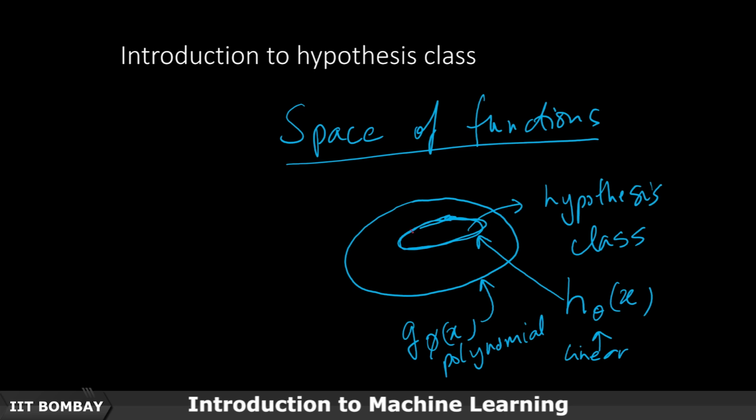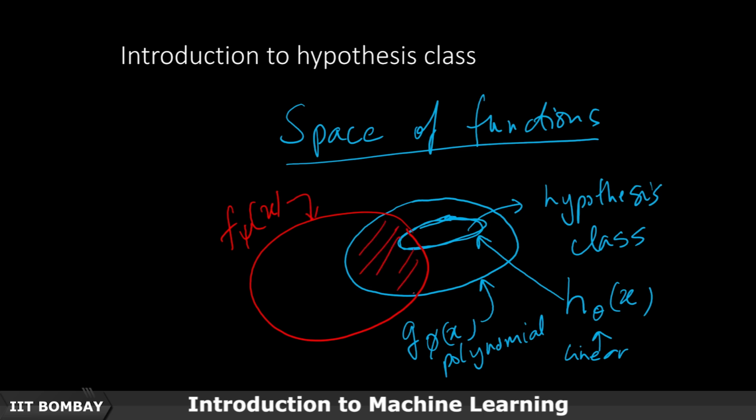So it's possible that we have something like this, which is another different type of function, let's say f psi of x, and that could be a completely different set of functions. Some of the functions that can be modeled by both classes may overlap. So this is how we would like to think about hypothesis class.